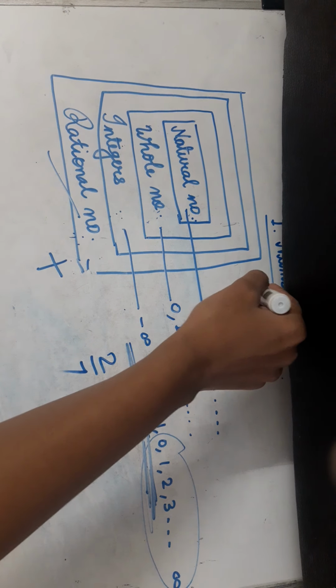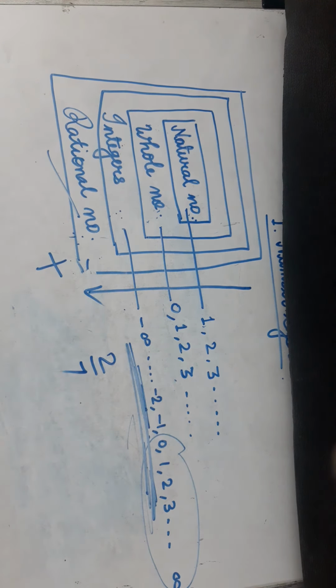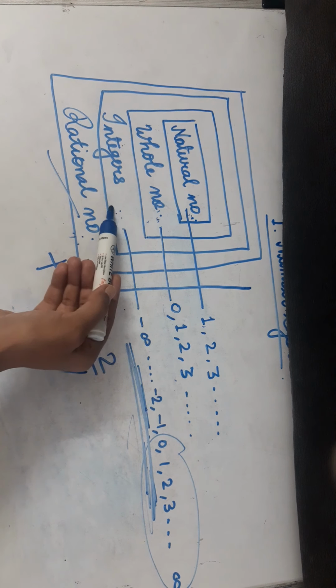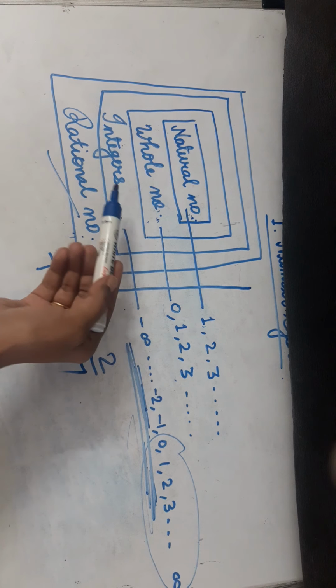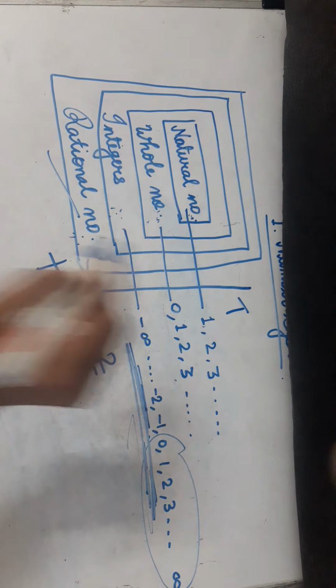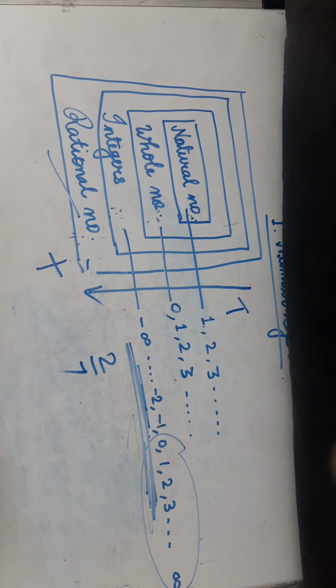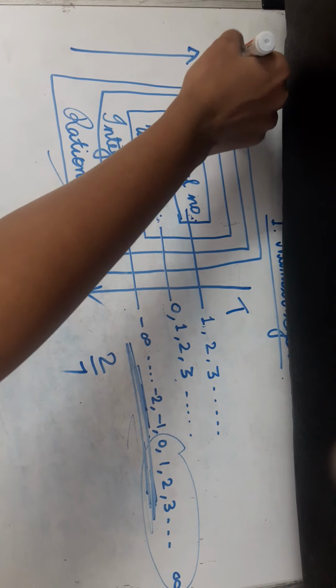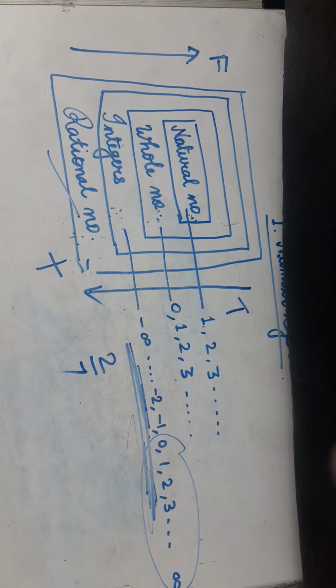So the flow goes in the downward direction. Every natural number is a whole number, every whole number is an integer, and every integer is a rational number. So in this downward direction, statements are true, and in the upward direction, statements are false.